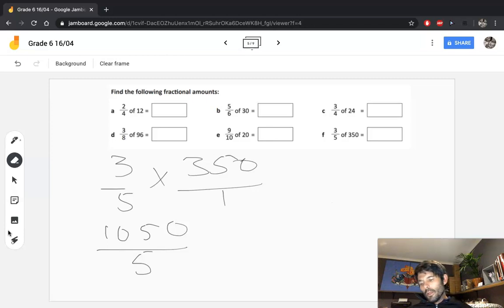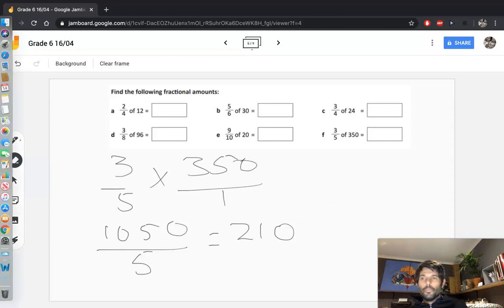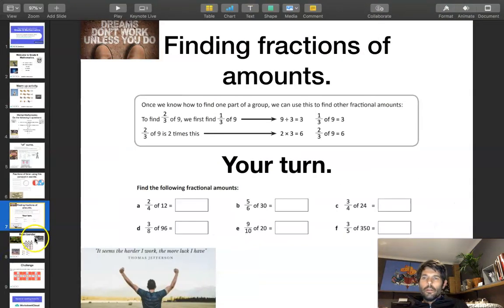So I need to put them together and get 210. Right, and then I can always check, is 210 multiplied by 5 1,050? 200 times 5 is 1,000. 10 times 5 is 50. Put them together and you get your 1,050. Right, guys. So that's fractions of sums.